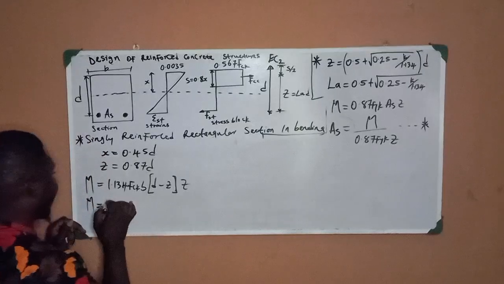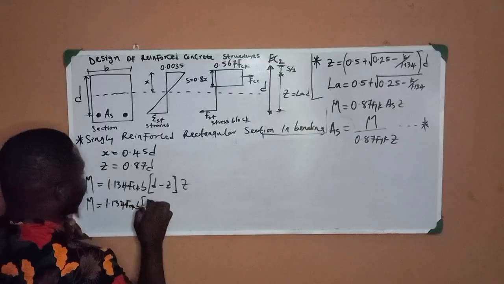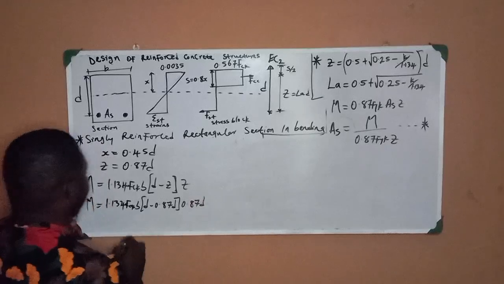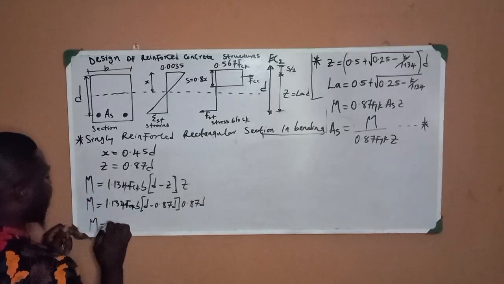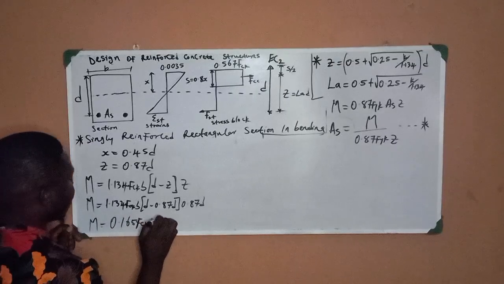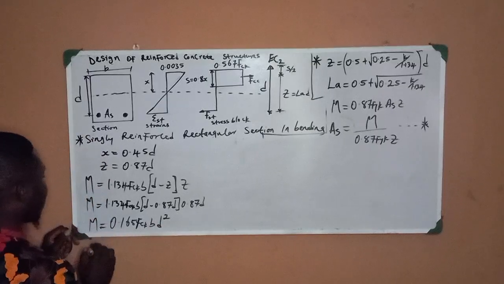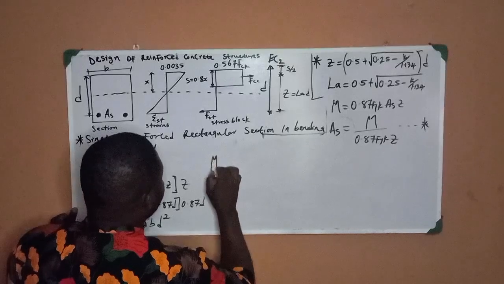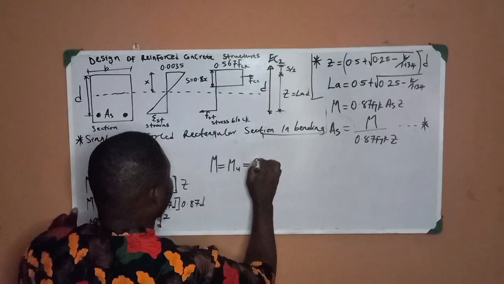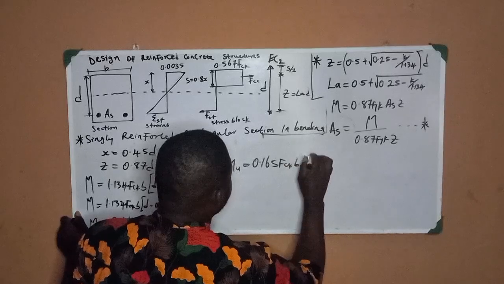So by the time you solve this, we have 1.134 fck b into (d minus 0.87d) into 0.87d. By the time you strike the bracket off, you have 0.167 fck b d squared. So the applied moment must be equal to the ultimate moment of resistance, which is equal to 0.167 fck b d squared.